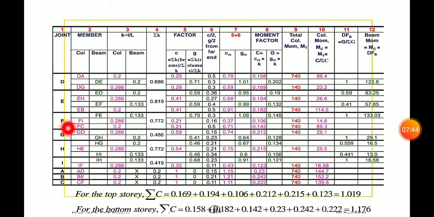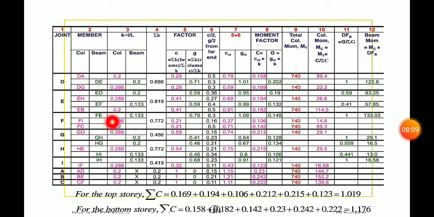At joint F there are two columns, FI and FC. At joint G, GD. At joint H, HE. Joint I, IF. And at joints ABC, AD, BE, CF. These are the columns. Now at joint D there is only one beam, DE. At joint E there are two beams, ED and EF.